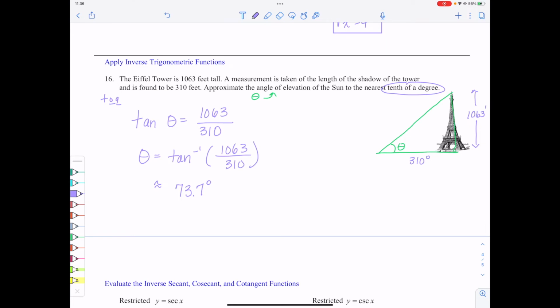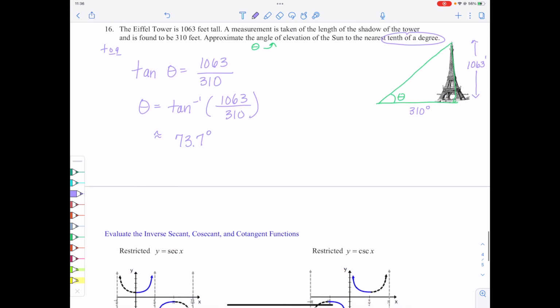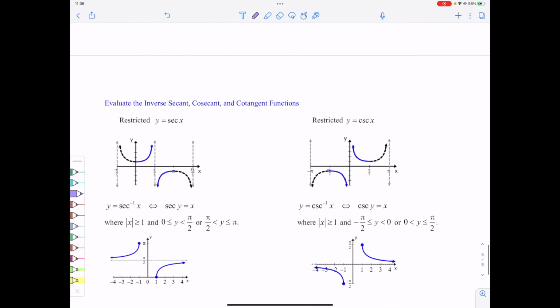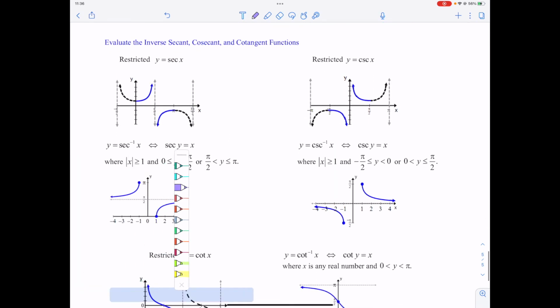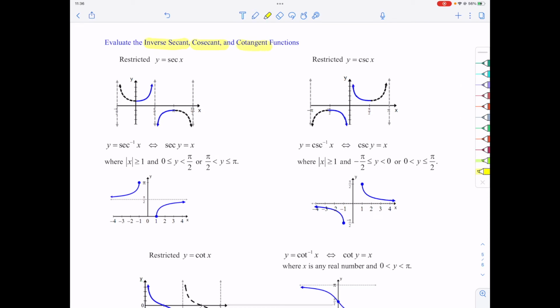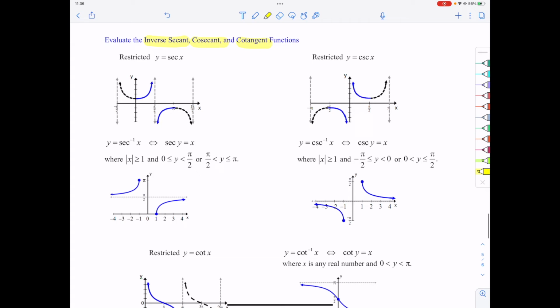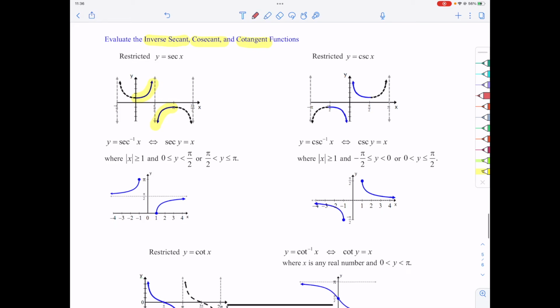Okay, let's take a look real quick at the inverse secant, cosecant, and cotangent functions. Now, we do have this restriction on the secant, and as you can see, we have from 0 to pi over 2 or pi over 2 to pi, and these are strict inequalities.